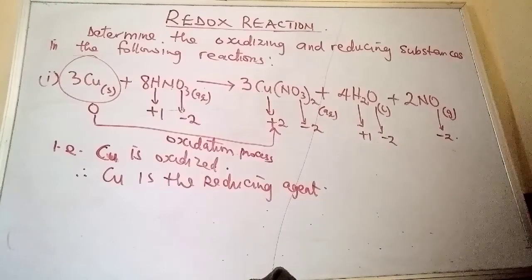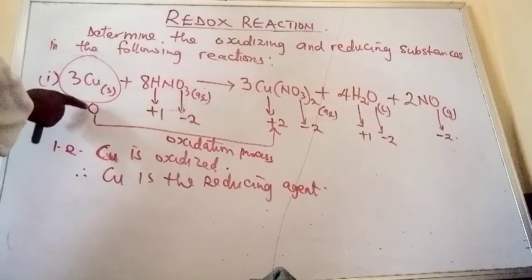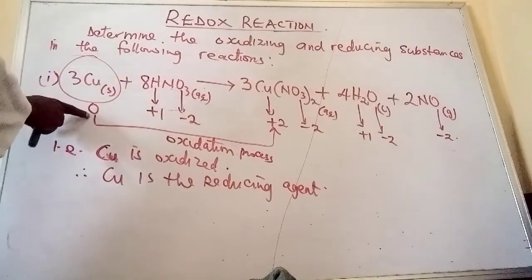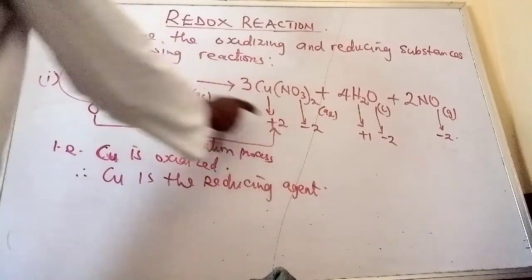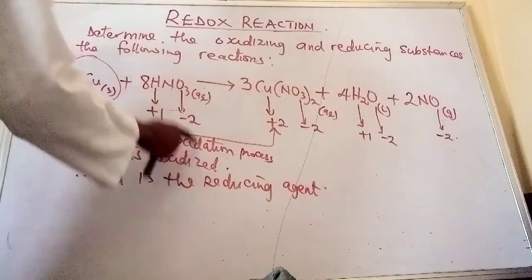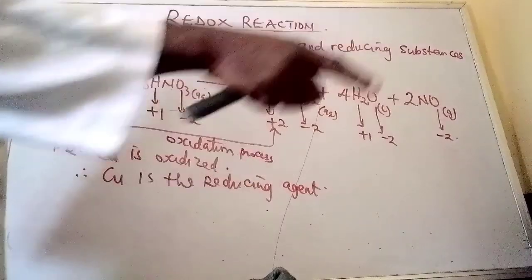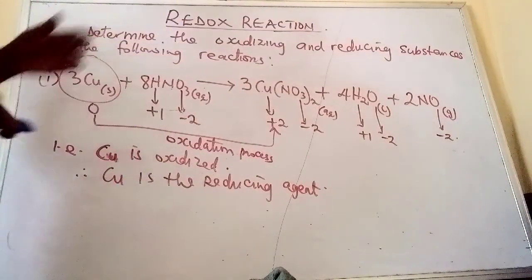Okay? Now, let's take note of this again. Copper has increased its oxidation number from 0 to +2. That means this copper has been oxidized. And whatever is oxidized is the reducing agent, according to the note I gave.